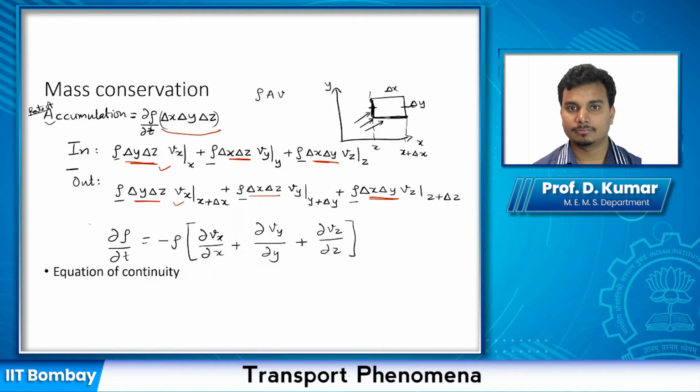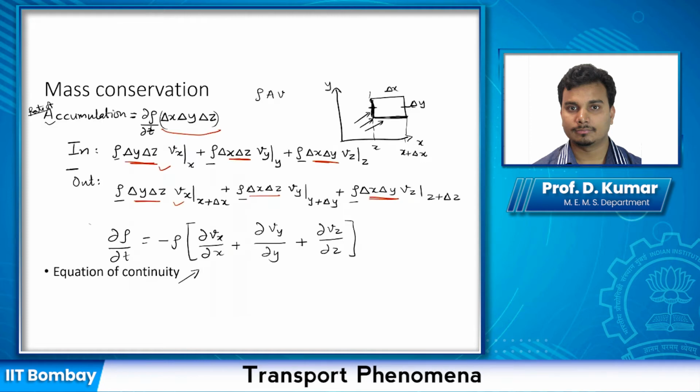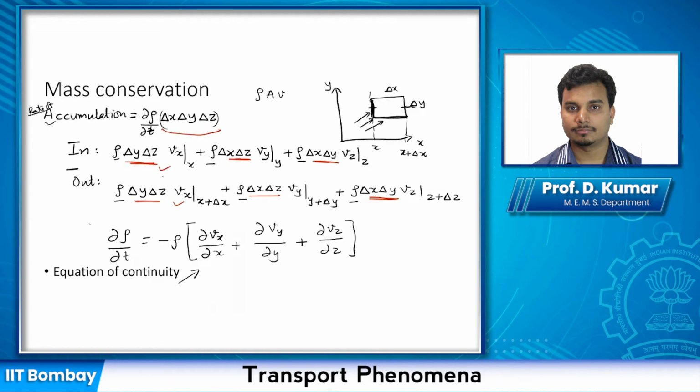So this is also known as the equation of continuity. Now once you have this, if you have a constant density fluid, then you can say dou rho by dou t is going to be 0. If you do that, the other term is 0, so you can remove it.